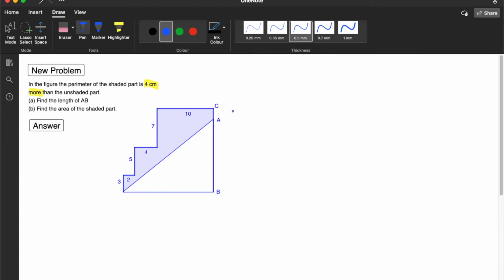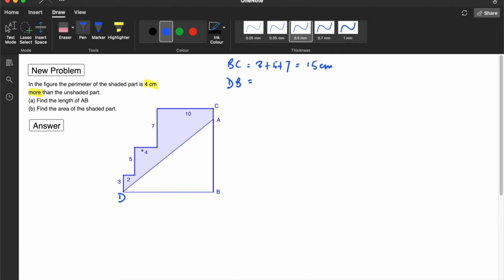Let's find BC first. BC is actually just 3 plus 5 plus 7, all the vertical lengths. That will give us 15 centimeters. What about this horizontal length? Let's call this D, the DB.